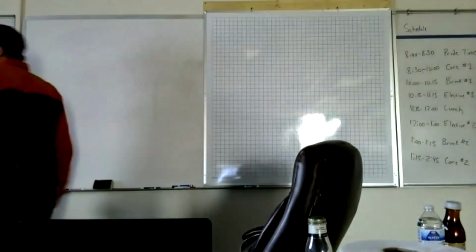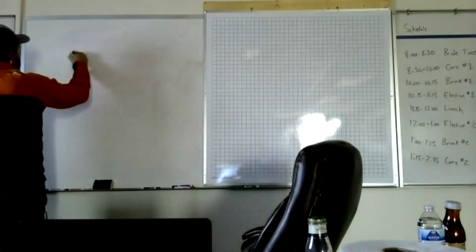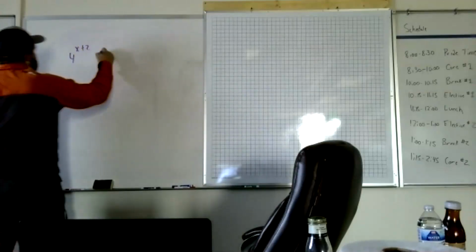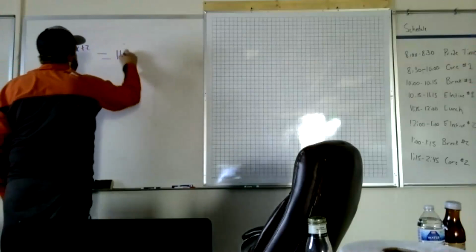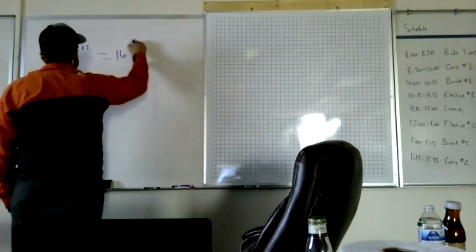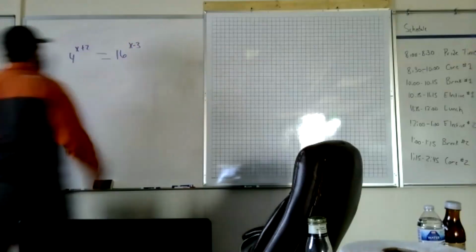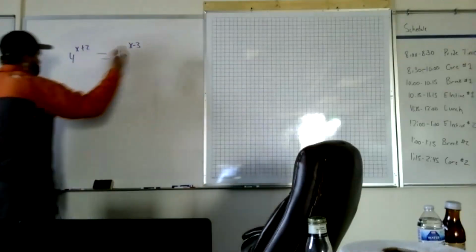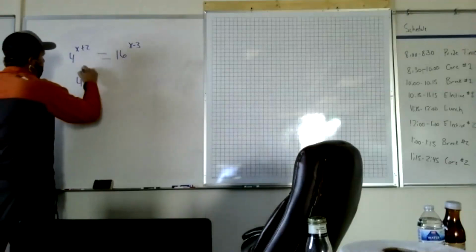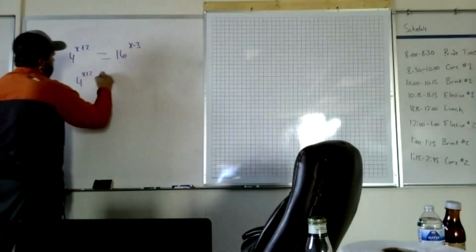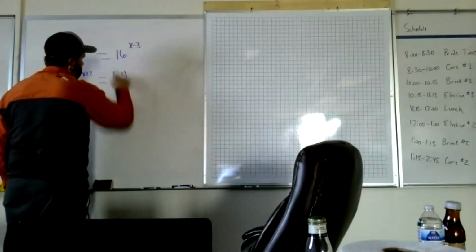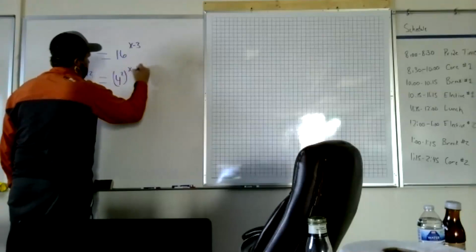Okay, and then my one-to-one property kicks in, and it turns into a pretty simple problem. So it's 4 to the x plus 2 equivalent to 16 to the x minus 3. As I just said, I'm going to change this to get it into the base of 4. 16 is 4 squared. So once I replace that, I'm left with 4 to the x plus 2 is equal to 4 squared to the x minus 3.